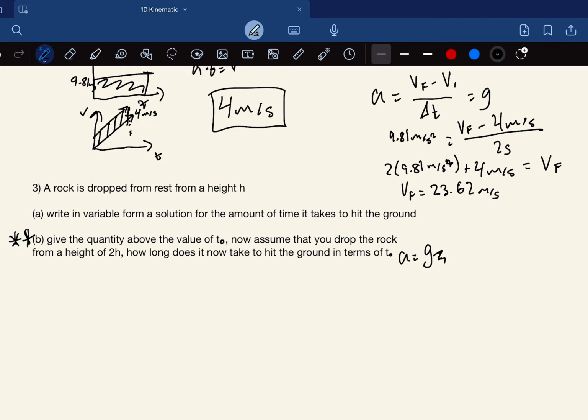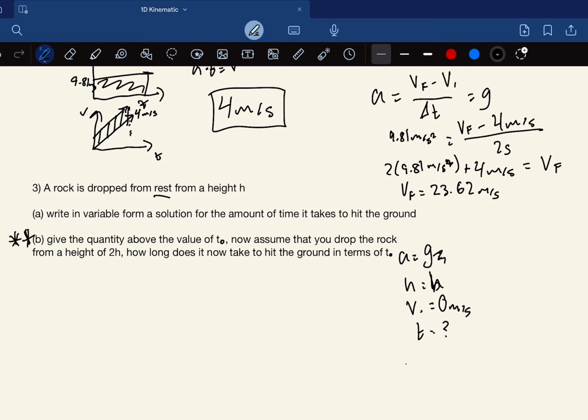We have h equals h, and then we have vi equals 0. That's the only term that's not in terms of itself. 0 meters per second, since it says dropped from rest. So the amount of time it takes to hit the ground, t equals question mark. We are looking for t in terms of this.